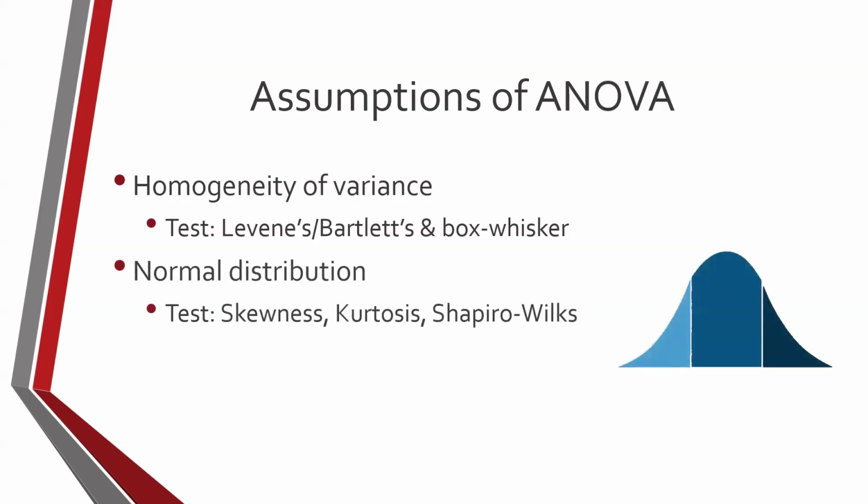The next assumption is that the distribution of errors is normal or bell-shaped. If we have this and equal variances, then the math can do its thing, because we can calculate a reasonable guess for the amount of error based on your standard bell-shaped curve. A few statistical tests for this are skewness, kurtosis, and Shapiro-Wilk.